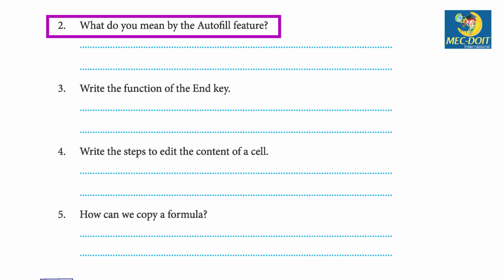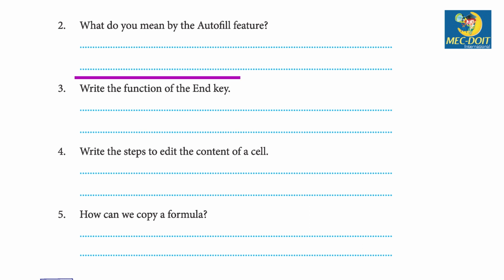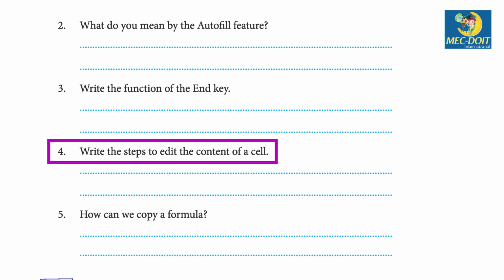Answer: the autofill feature fills in a series of data in your worksheet automatically. 3. Write the function of the End key. Answer: the End key will move the insertion point to the right of the cell content if edit mode is on.